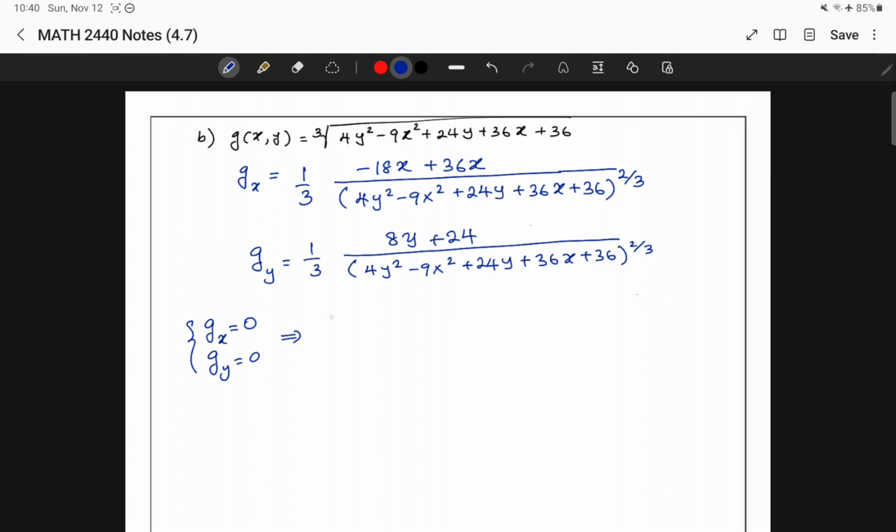So we get negative 18x plus 36 equals 0. I think there should not be an x in the 36 term. From the second one, you get 8y plus 24 equals 0.